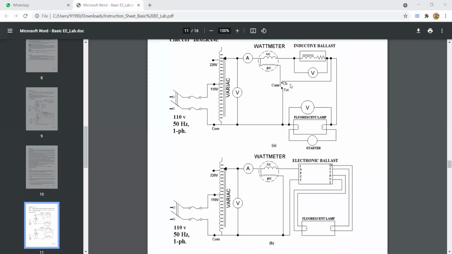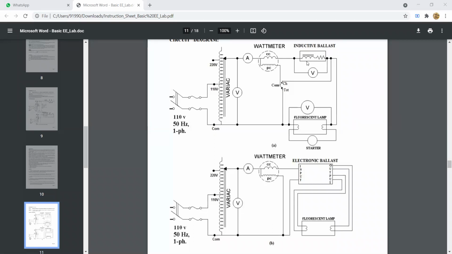This switch is used because if the switch is on TOT, meaning total power, then this wattmeter measures the total power consumed by this ballast and the fluorescent lamp. And if the switch is on CH, meaning choke, then it measures only the power consumed by the inductive ballast or the choke.